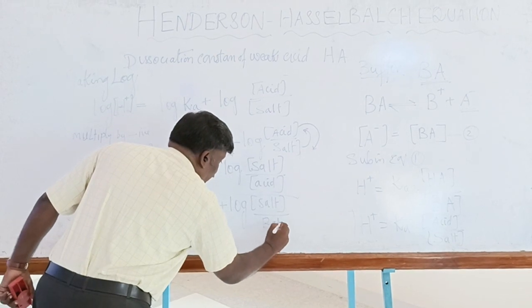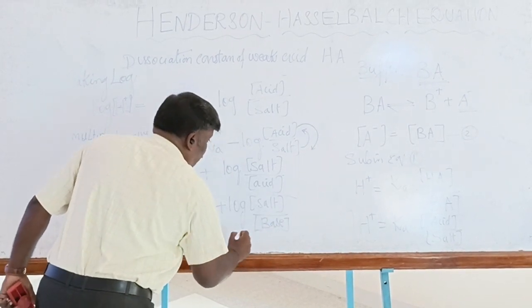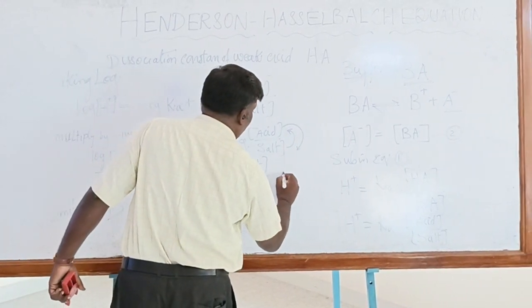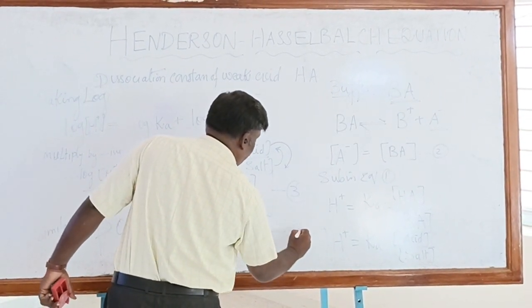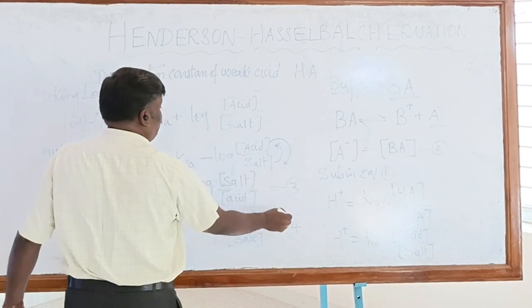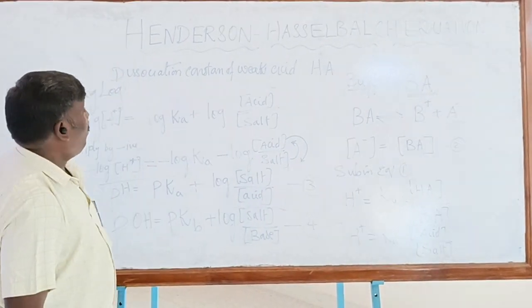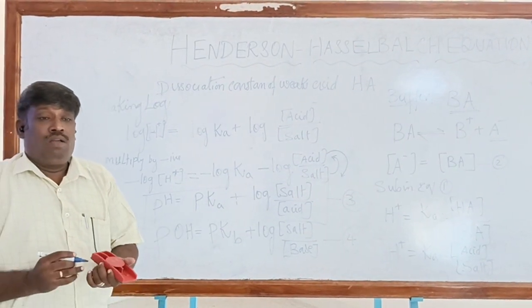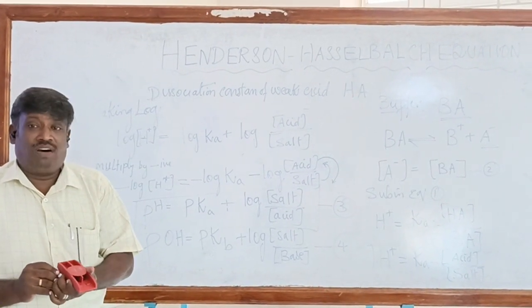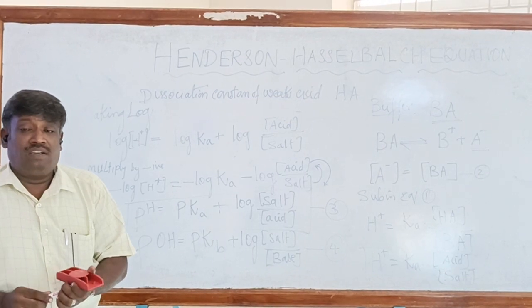So concentration of salt by base. So this is equation 3 and this is equation 4. These equations 3 and 4 are the Henderson Hasselbalch equation for acidic buffer and basic buffer.